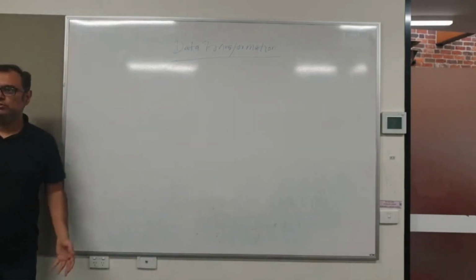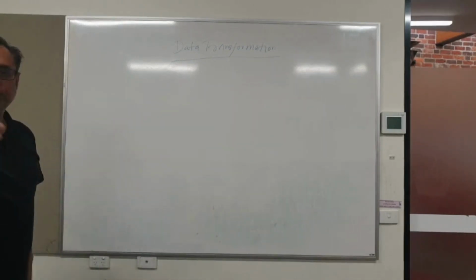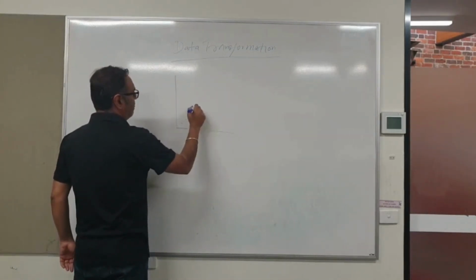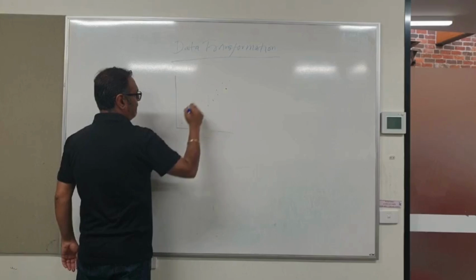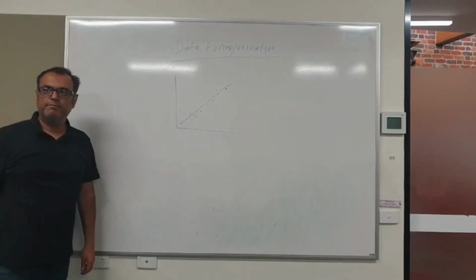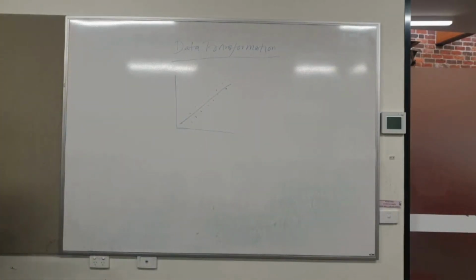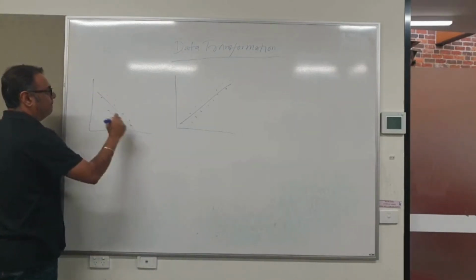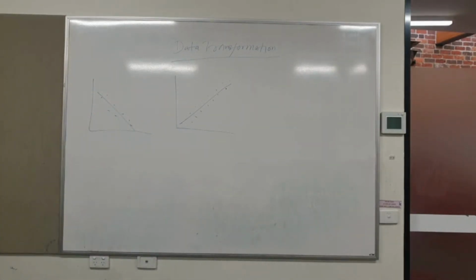Transform means change. So far what we've seen is that our scatter plots were like this, perfectly linear, positive linear, negative linear.